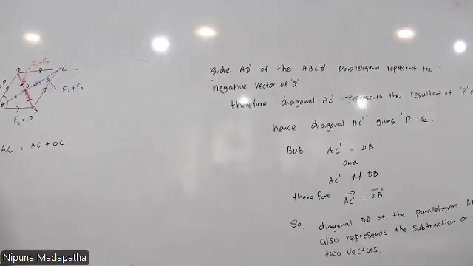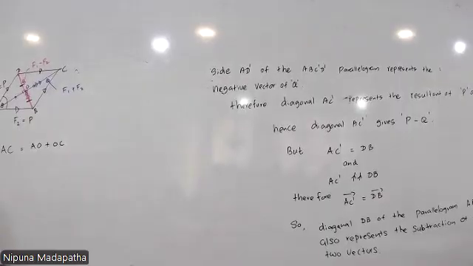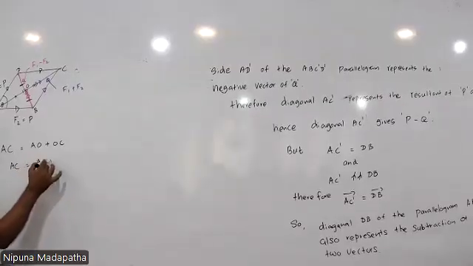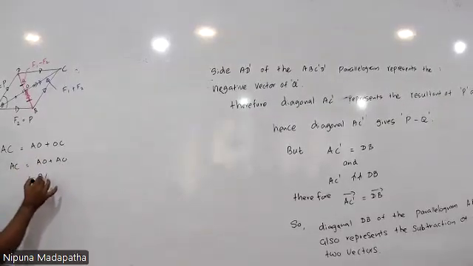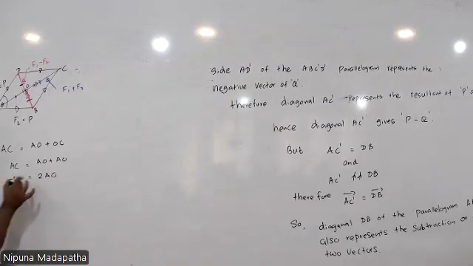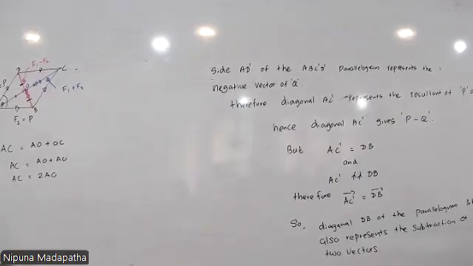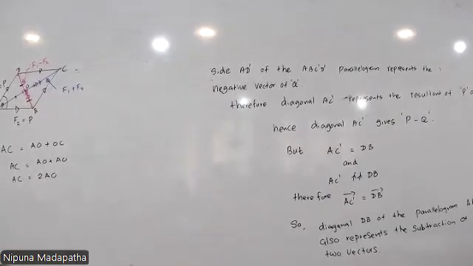Since AO equals OC, you can write it as AO plus AO. So diagonal AC is equal to 2 AO. Now we need to find the length of AO.